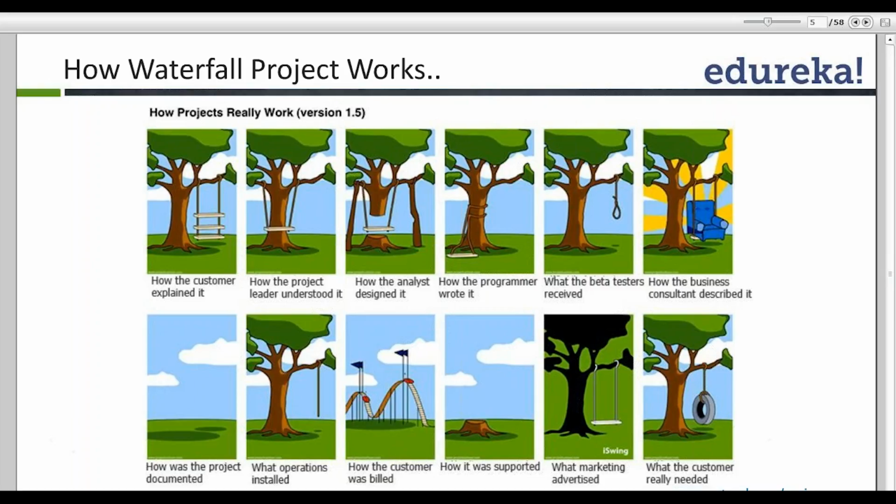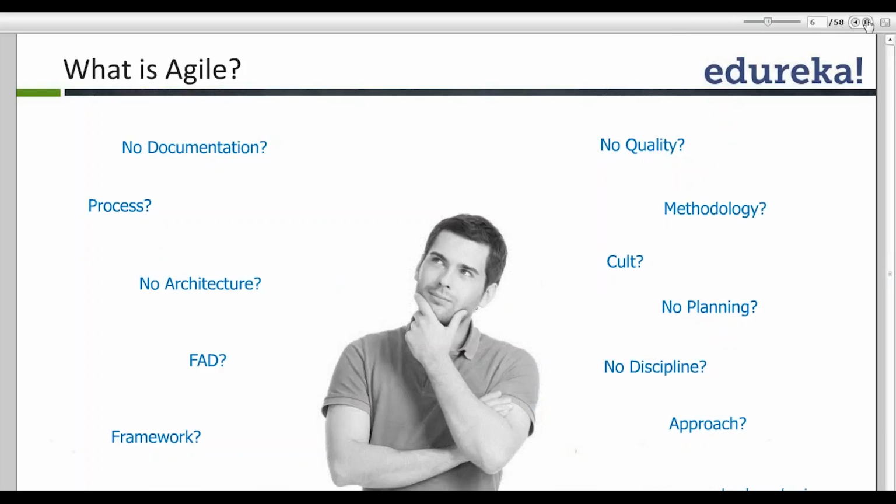Then even the analysts and the designers used to interpret them in a different way, and even the programmer interpreted them in a different way. As an end result, what was expected by the customer was not at all delivered by the project team, and this was a scary scenario which we found happening in a waterfall model.